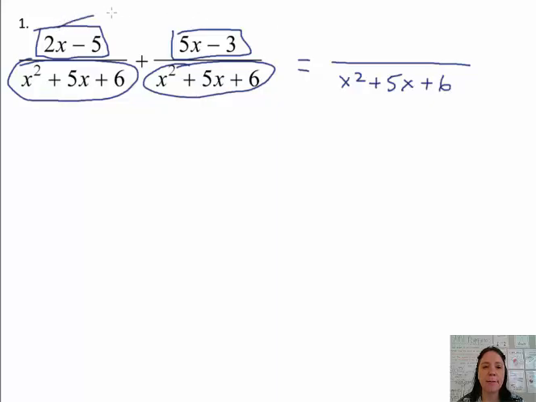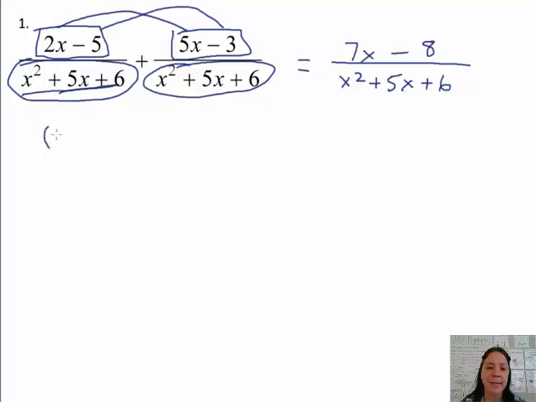And up here I'm going to have 2x plus 5x is 7x, and minus 5 plus minus 3 is minus 8, and that's great, but I'm not all done because I still need to know what the restrictions might be on my variable.